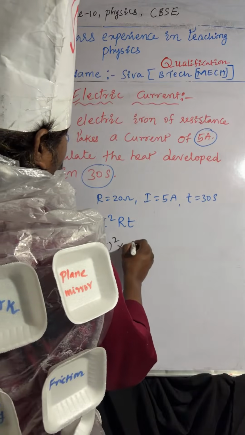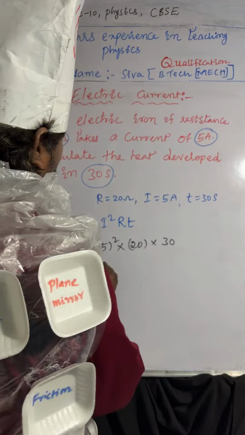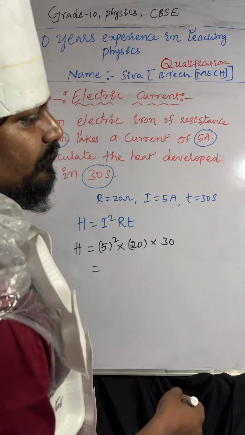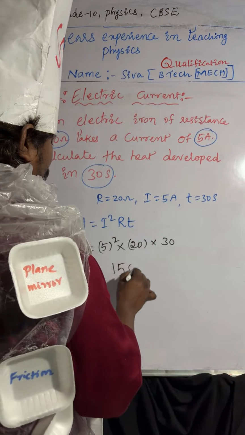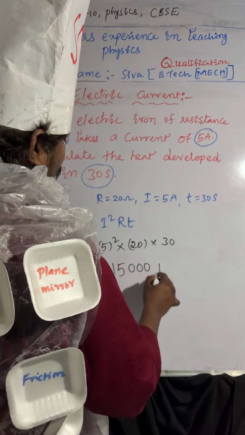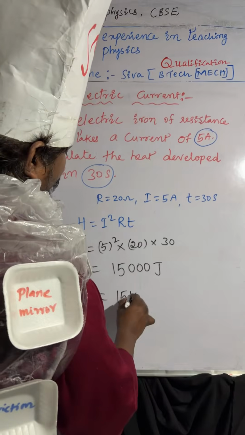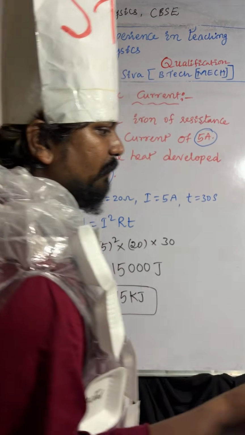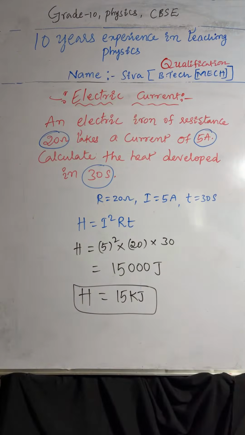R equal to how much? 20. And T equal to how much? 30. If you solve it, how much will you get as the answer? So H equal to 15 kilojoules. Is it clear? Multiply and let me know the answer. Is it correct or not?